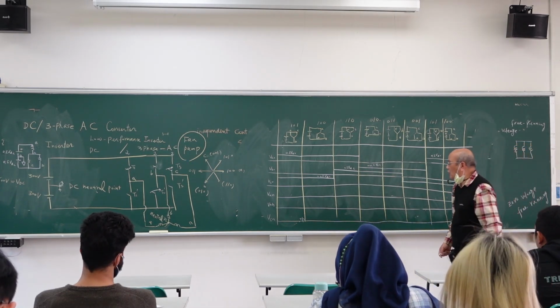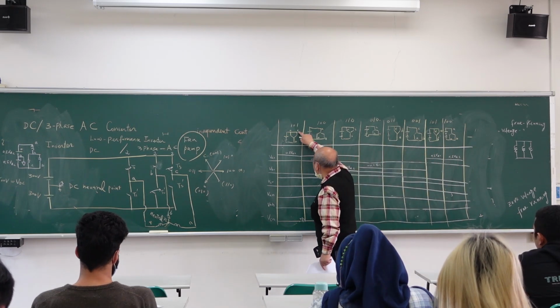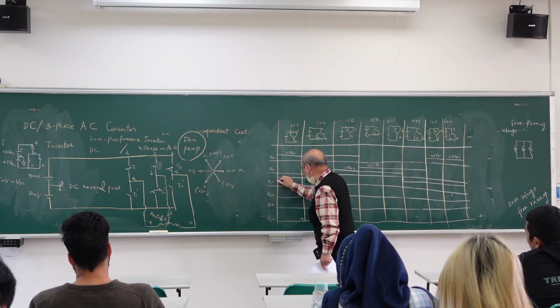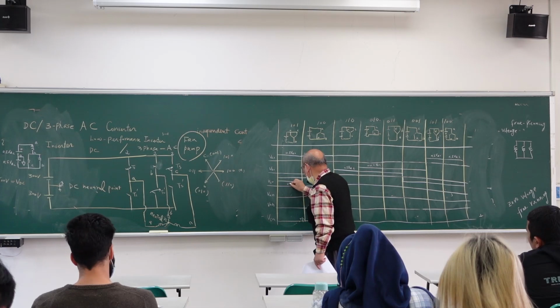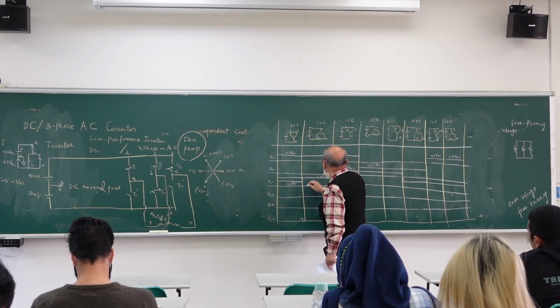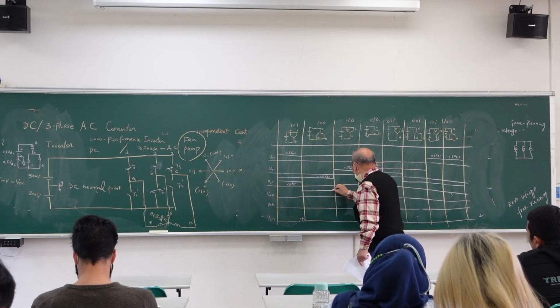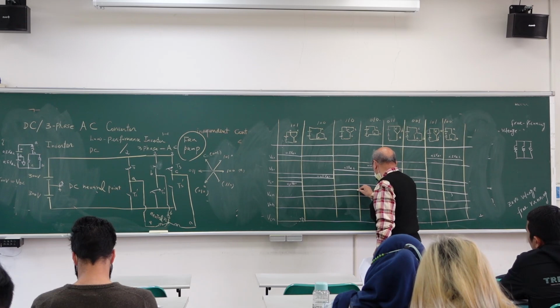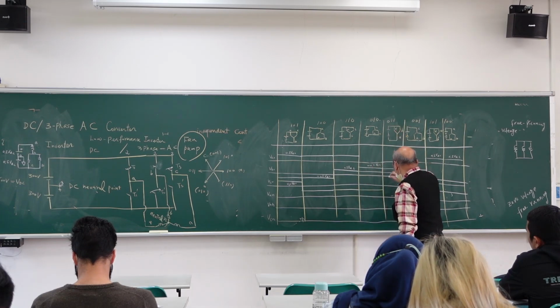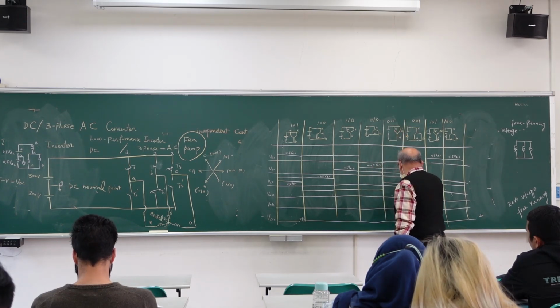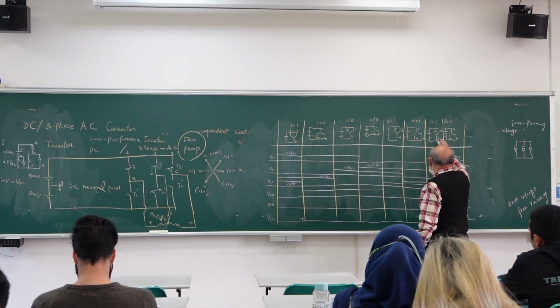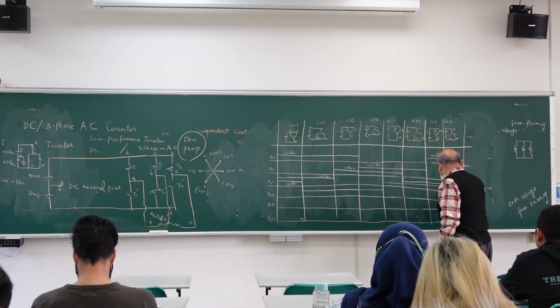How about VC0? C at top, so VC0 is 0.5 VDC. C at bottom, C at top, C at bottom.